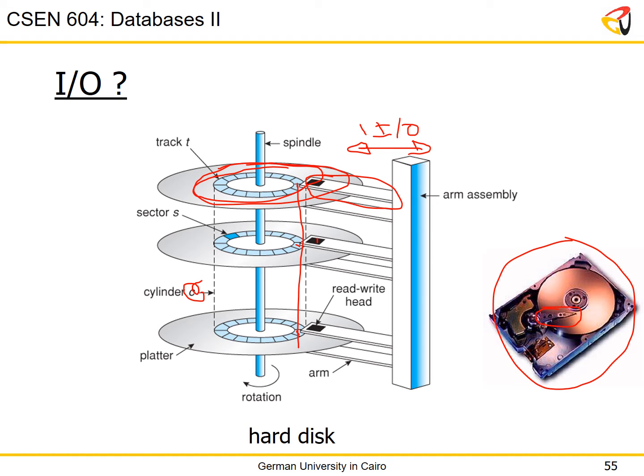The worst mechanical thing that could happen here is the movement back and forth of this arm. Why? Because we have many sectors along this surface. So this moves towards the center, towards the spindle, and back. Every movement is one I/O. Every time we move and stop, that's one I/O. Now, what we're trying to do is minimize this movement.